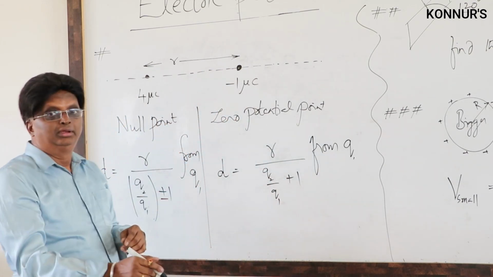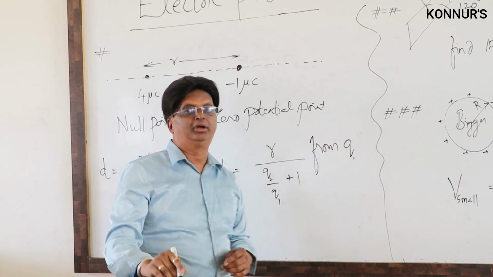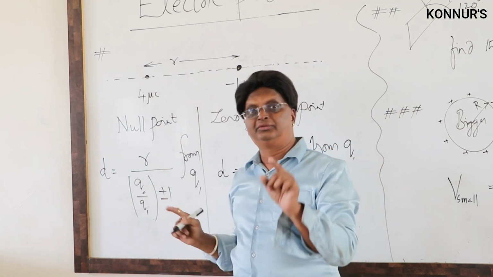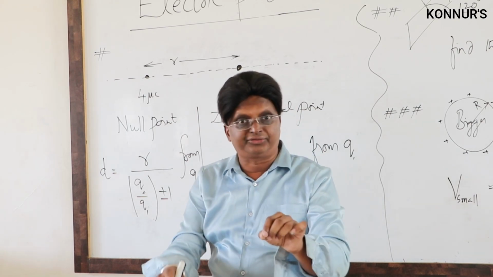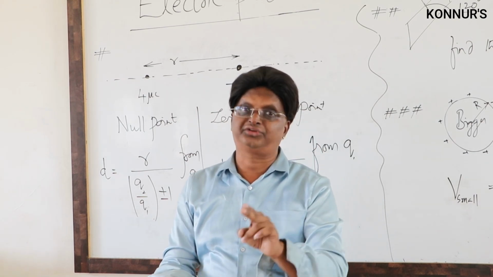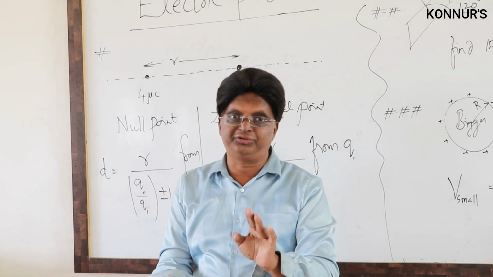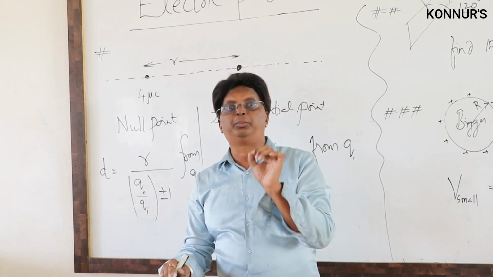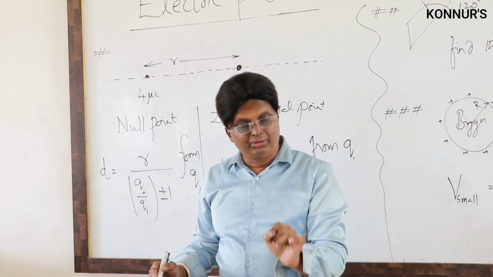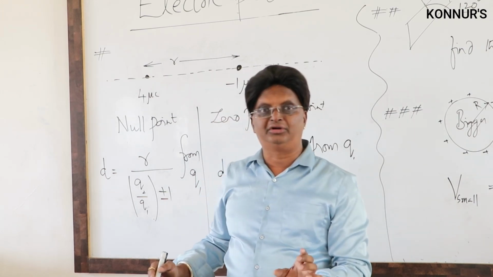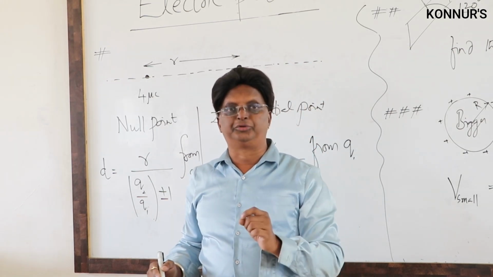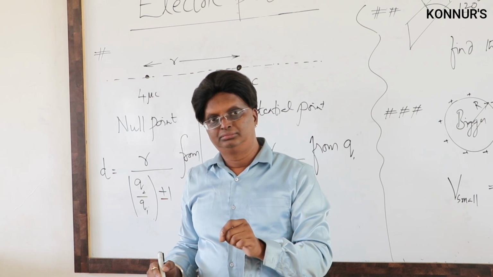Now here, we get a zero intensity point for either a system of identical, I mean like charges, or a system of unlike charges. In either case, we get a zero intensity point. We'll now explain that. Whereas the zero potential point will be obtained only in the case of unlike charges. Now, it should be clear to you why it is so.